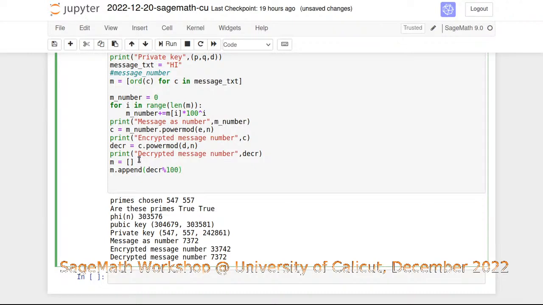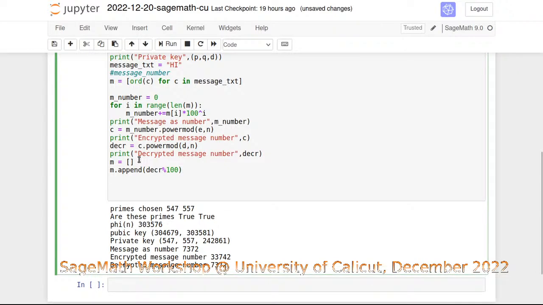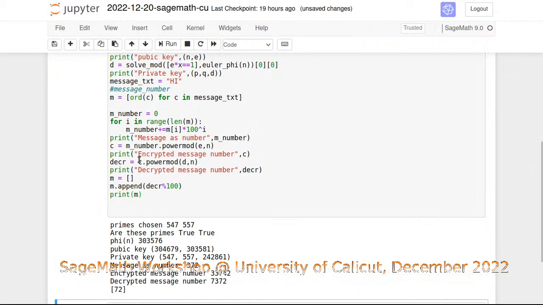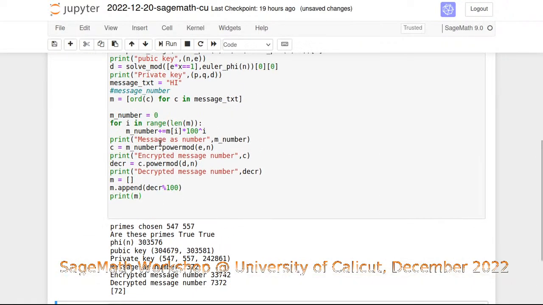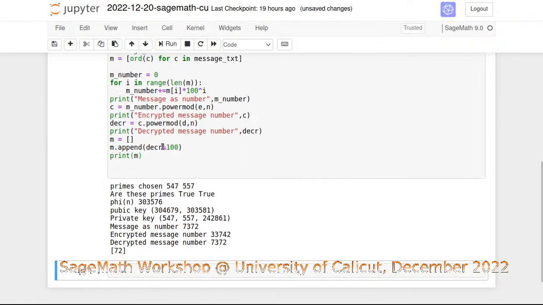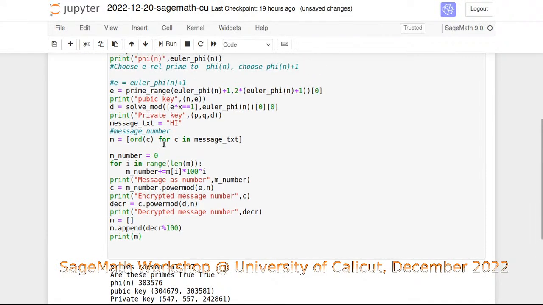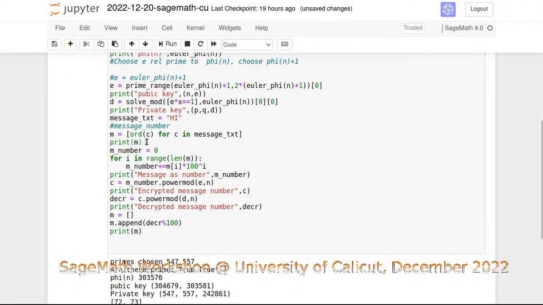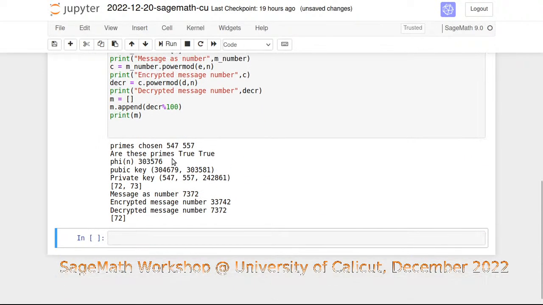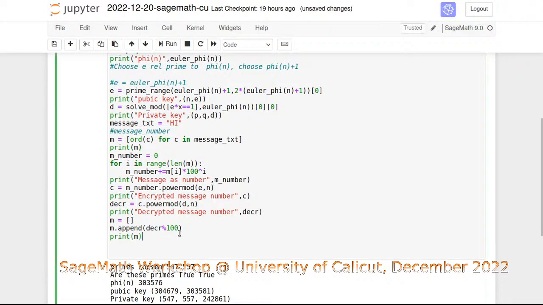Mod 100. So what is m? m is now 72. So what is the order of the numbers previously? 72 and 73. Now we need to again append.